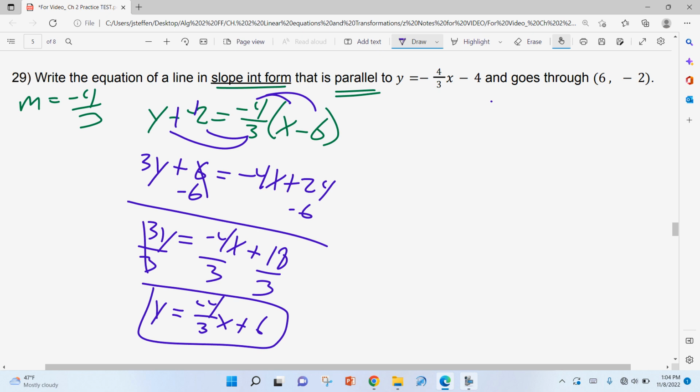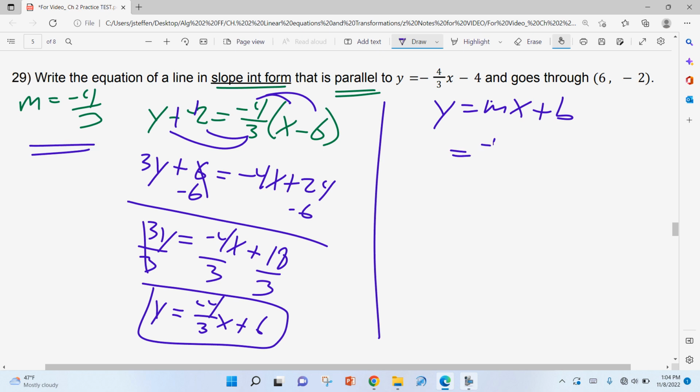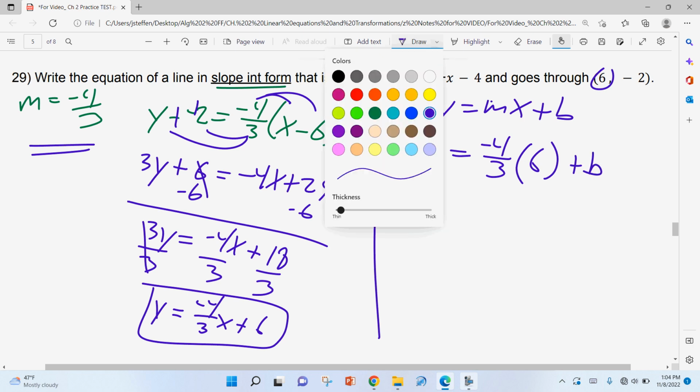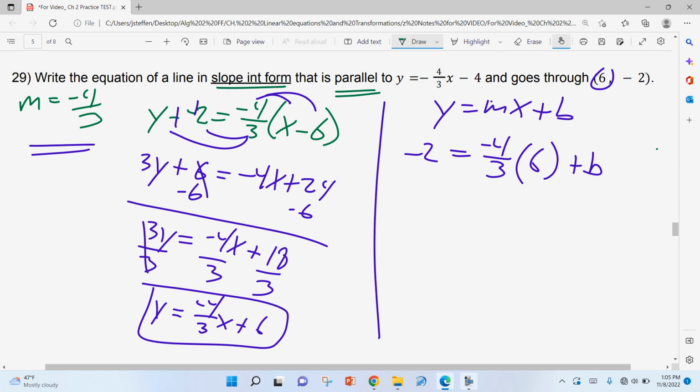Sorry, just making sure. But the other way to do it is, again, you could use slope-intercept form. So once we know our slope is -4 over 3, then multiply that by my x value, and my y value is -2. So when you multiply those together, again, -4 over 3 times 6 ends up being -8.